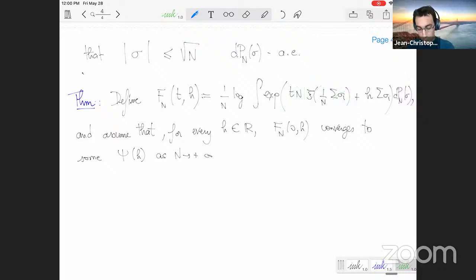Okay, so just to confirm to you that in the case we already know about, this assumption is obviously true. It converges because it does not depend on n. So that's one assumption I want to make. And moreover, I'm going to assume that this limit is a C1 function.